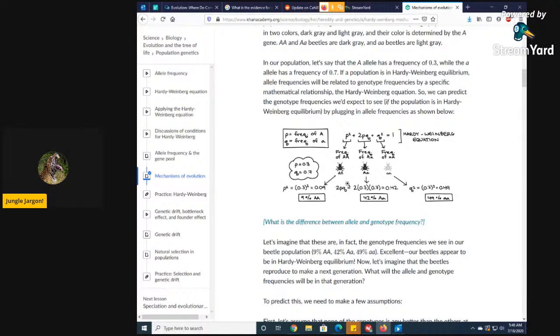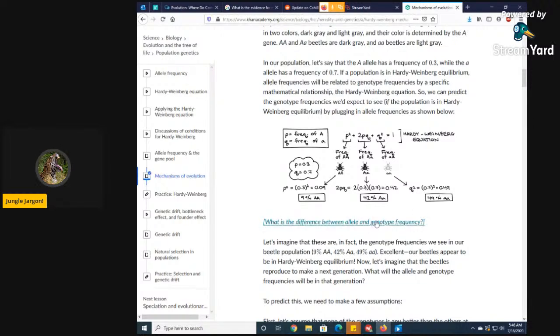Okay, we get 9% capital A capital A, 42% both capital A and small a, 49% small a small a.